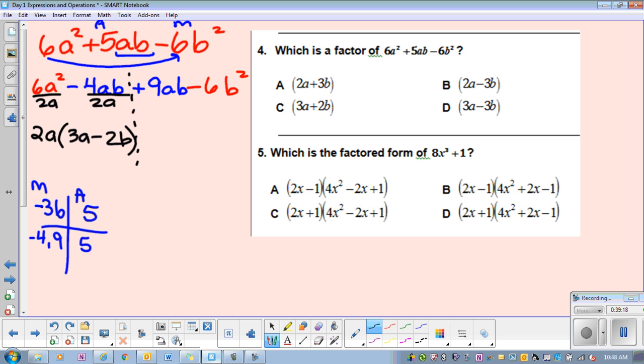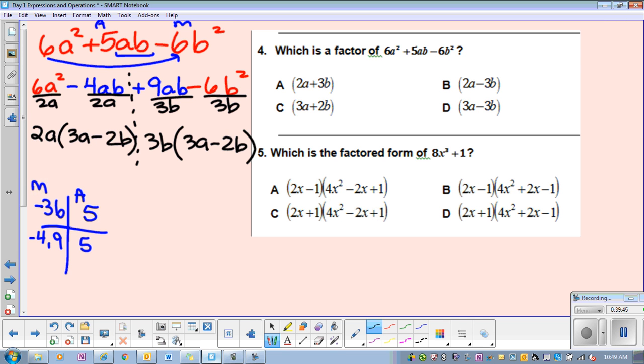And then how about on the right-hand side? 3b, good. And remember, it's negative if it starts with a negative. All right, so then you have 3a minus 2b.